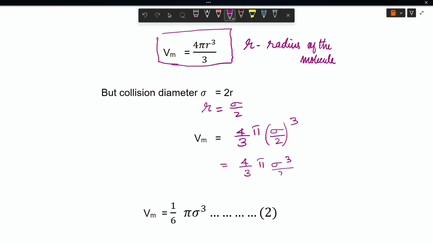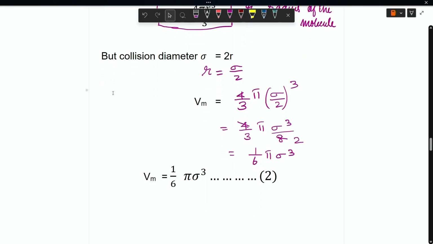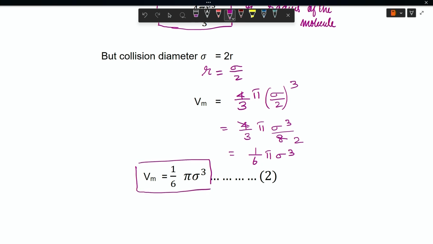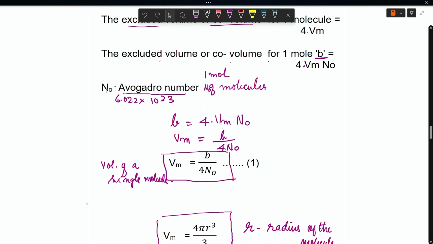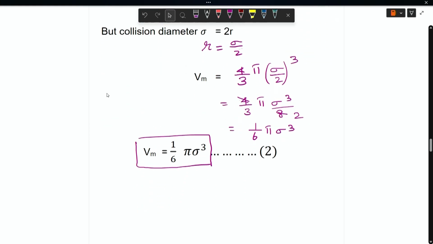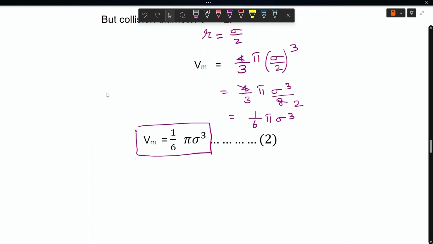The 4 and 8 get cancelled, it becomes 2, and 2 into 3 becomes 6. So, that will be 1 by 6 pi sigma cube. This is another expression in terms of collision diameter, also for a single molecule. So, you can have two expressions: Vm is equal to B by 4 N0, and Vm is equal to 1 by 6 pi sigma cube, that is in terms of collision diameter.